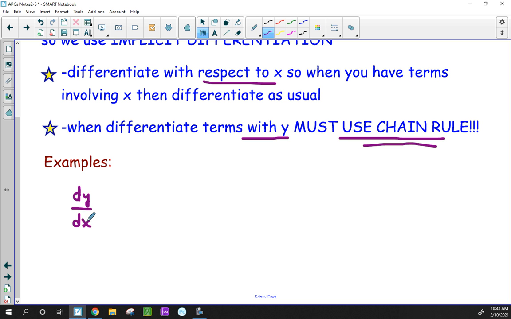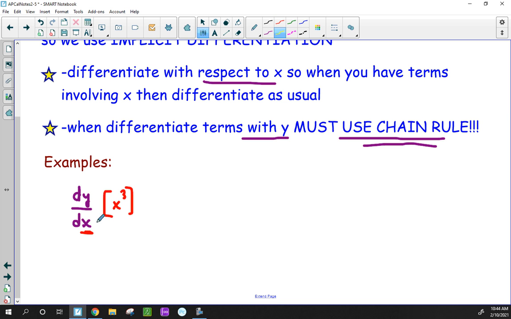Remember the notation from the past, dy dx means find the derivative of y with respect to x. What you're really going to need to pay close attention to is this. So when this is on the bottom, that's with respect to x. They'll give you a problem here. Let me just throw in an x to the third. And so this is saying find the derivative of y with respect to x of x to the third.